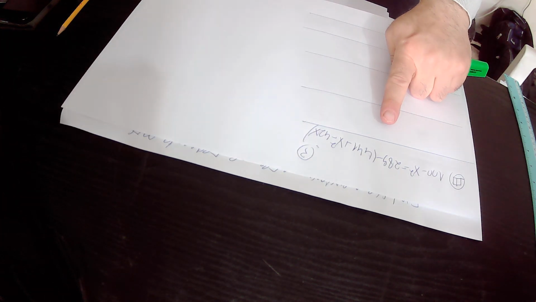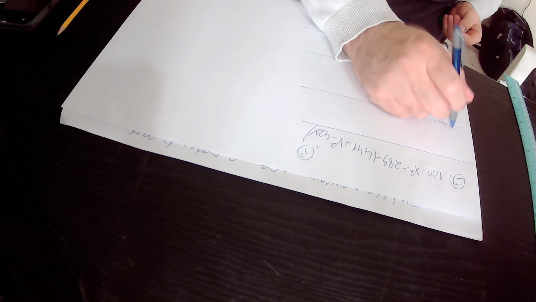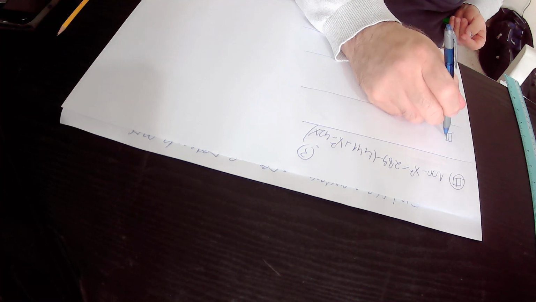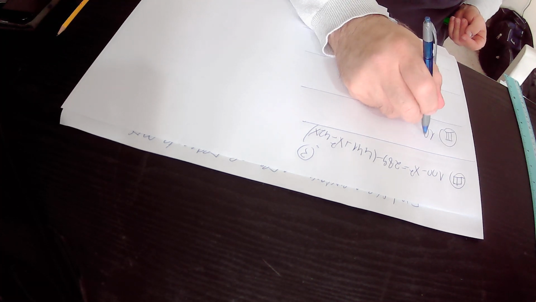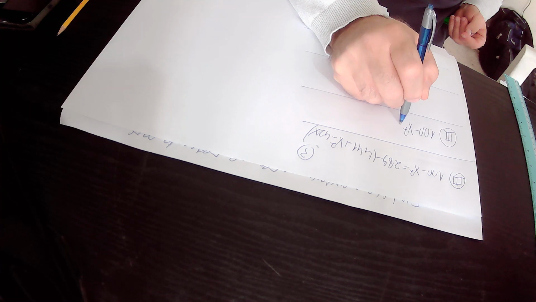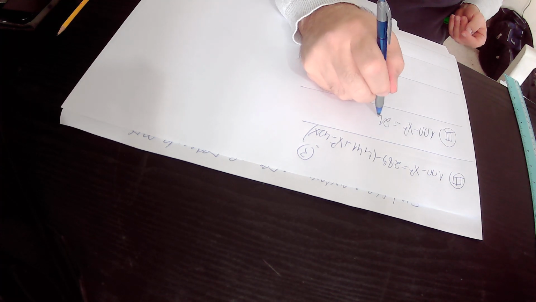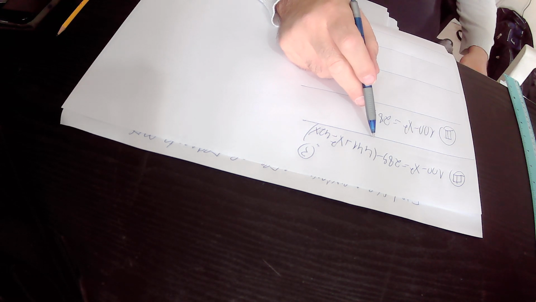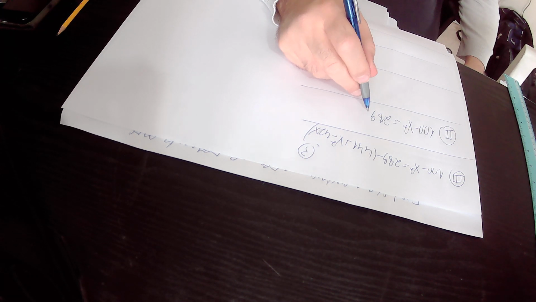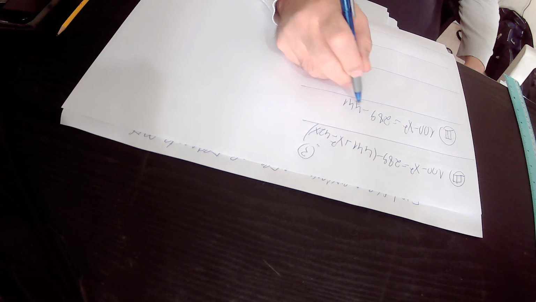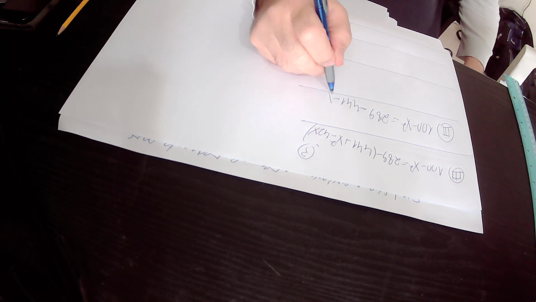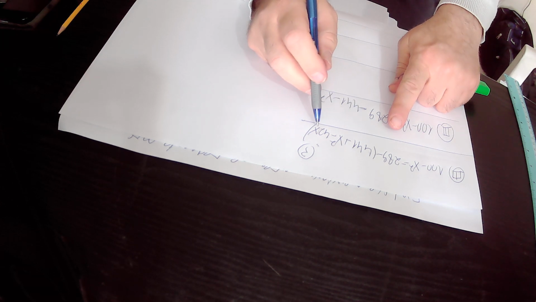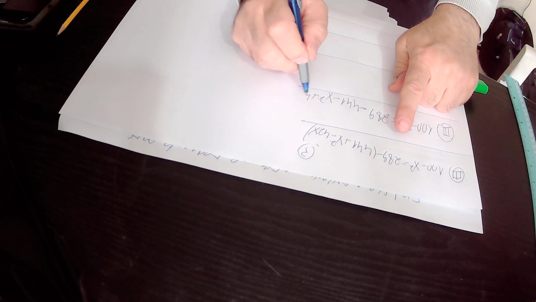Here we open the brackets on this side of equation 3, and finally we get that 100 minus x squared equals 289, and after we open the brackets, minus 441 minus x squared, and minus times minus is plus, so minus 42x becomes plus 42x.